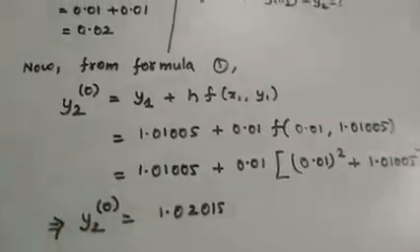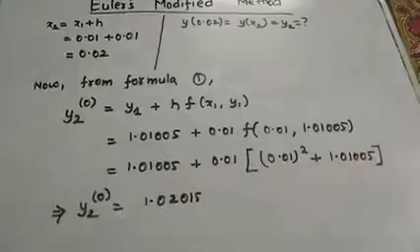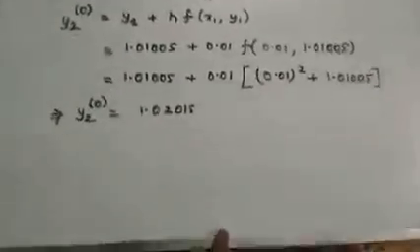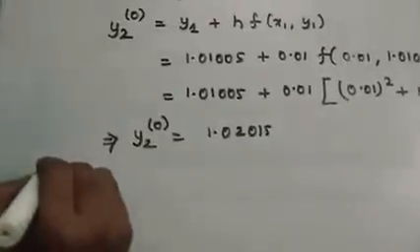So we have found our y2 of 0. Now we have to modify this y2, and for that we have to use formula number 2.